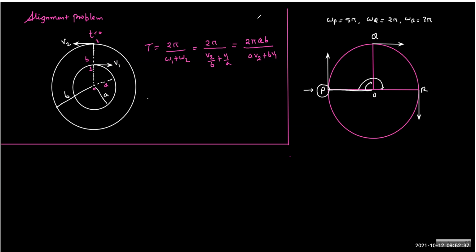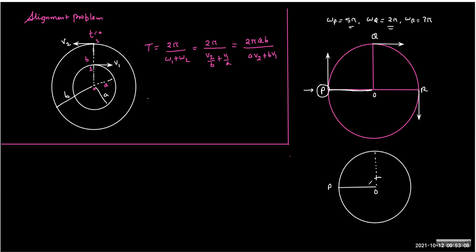So it turns out that Q is moving with 2 pi, where P was 5 pi. So P could have moved closer to Q because it's faster. So in the frame of P, if you take the OP line as the reference, the line OQ will actually come closer.